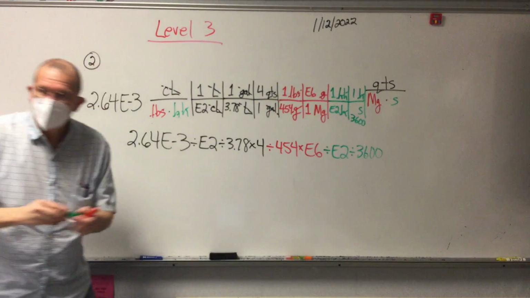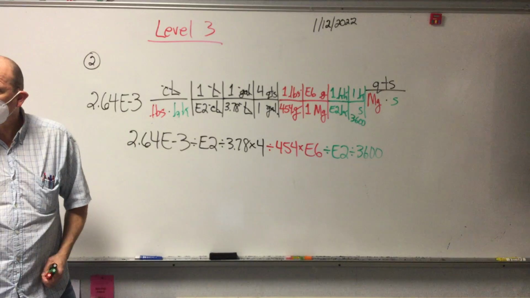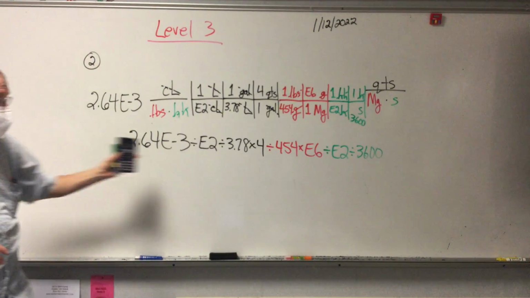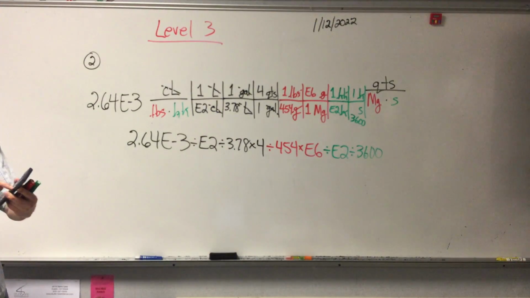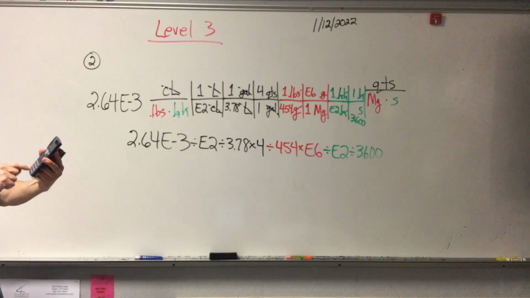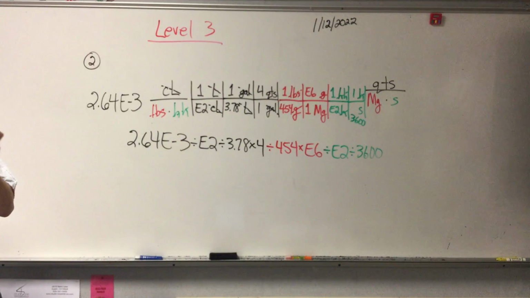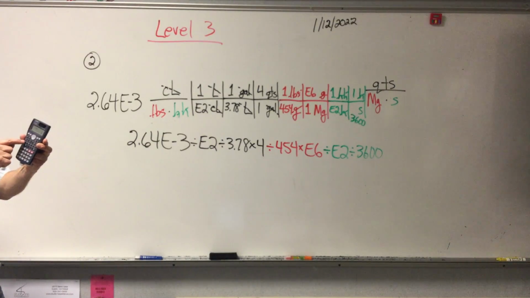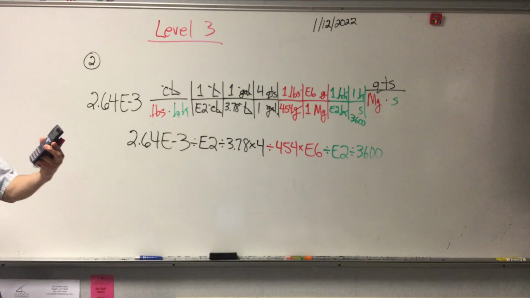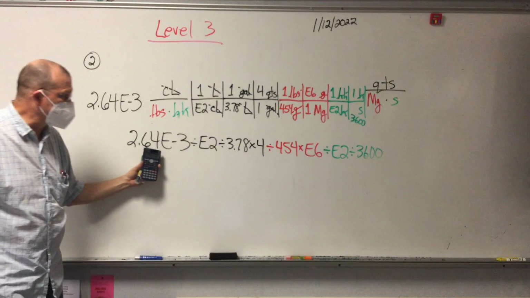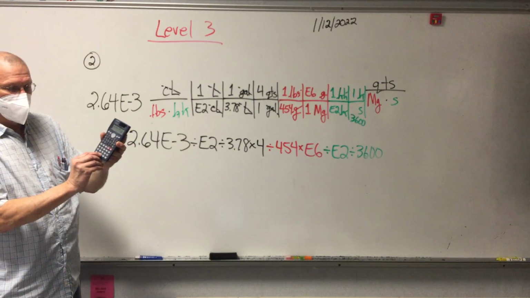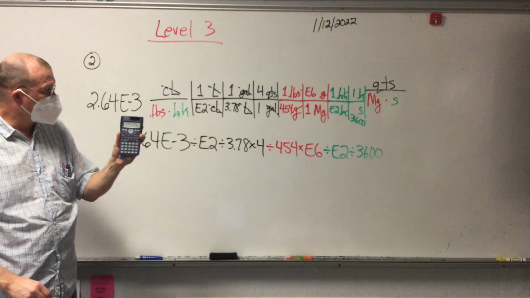Okay. All right. So on your calculators now, you guys can rip through this all in one calculation. So we have 2.64, and remember, if you need the E, it's the EXP button on the bottom. And then you have -3 there. That's this number. So then you can hit divide, that exponent 2.